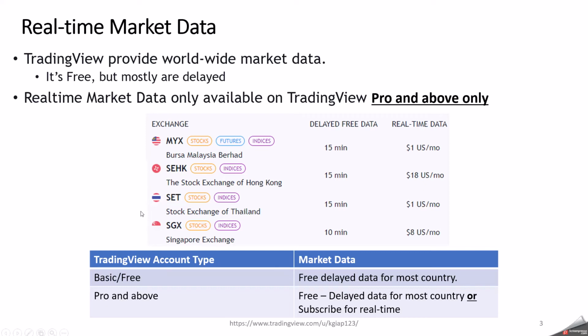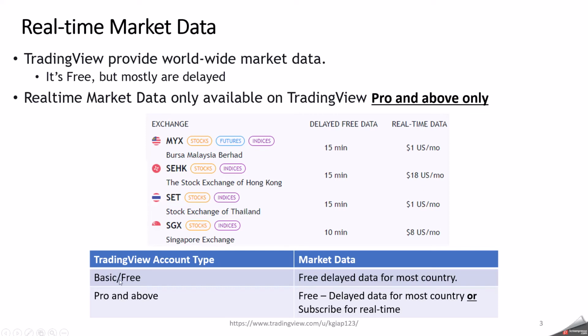All right. So in summary, for TradingView, you can go for a basic or free account, or you can upgrade to Pro and above, which I recommend, at least Pro. For the basic and free account, the market data is free, and you cannot upgrade for real market data.